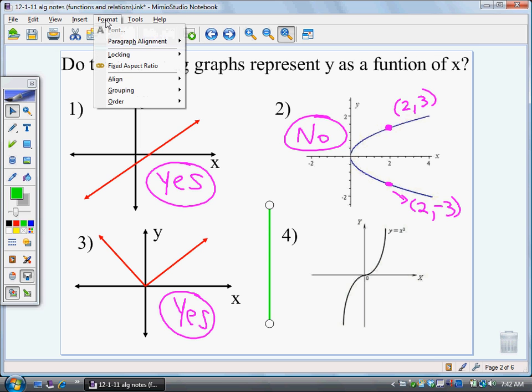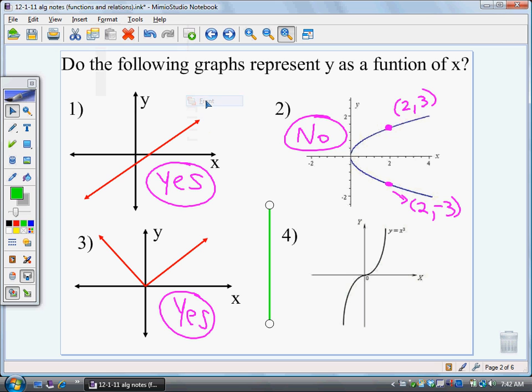Now I'll take my line across, and nowhere is that going to cross at more than one point. So is this one a function, y a function of x? The answer is yes. In this case, we had 3 of them that were functions, number 1, number 3, and number 4, and one of them that was not a function, number 2.